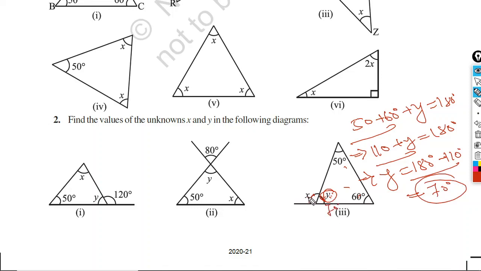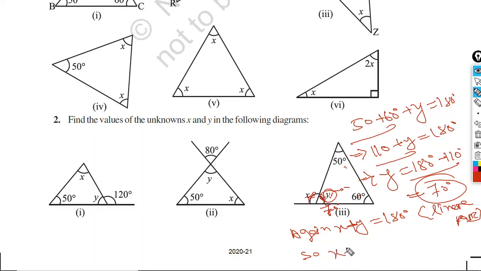Now again x plus y equals 180. Why? Because they are a linear pair. Again, x plus y equals 180. Why? Linear pair. So you know the value of x? No, you don't know. Value of y we know is 70 degree.